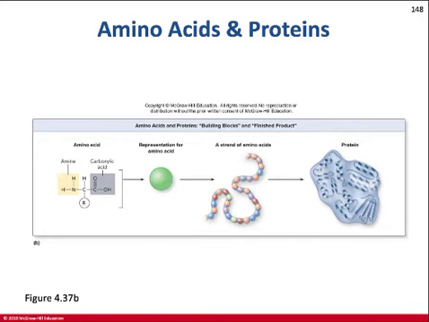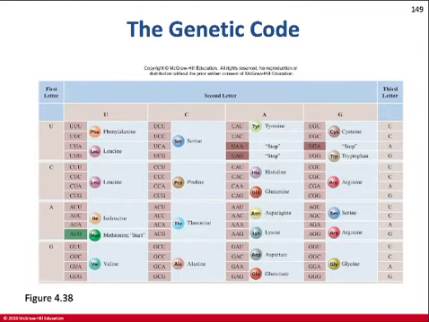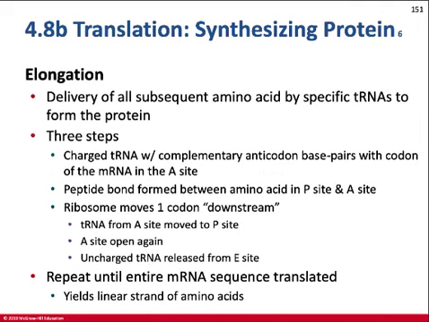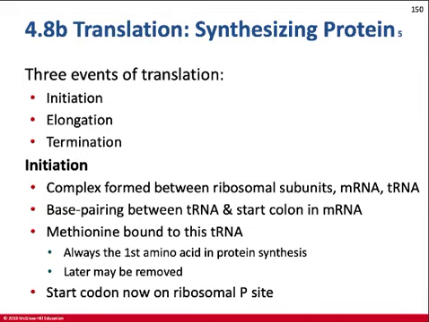And then the protein will begin to fold into its functional shape, directed primarily by chemical interactions within the chain and chemical interactions between chains. Okay? You can see the genetic code here. Okay? That's which codon in the message is going to describe which amino acid gets incorporated into the protein.